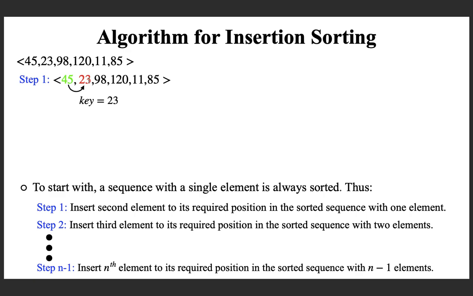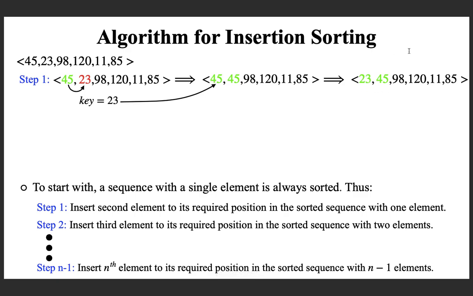Note that 45 is moved into this position, and 23 was copied to key. Then you just copy this 23 to this position. It will result in this sequence.